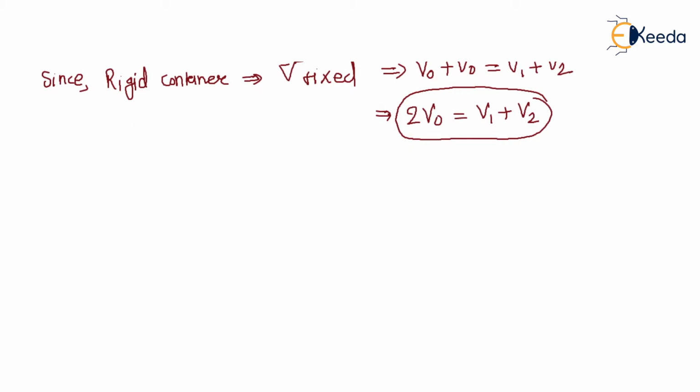Now, since the mass of both ideal gases will remain the same, why?